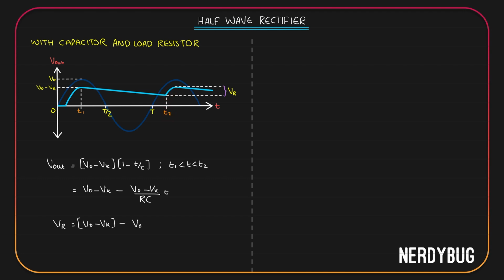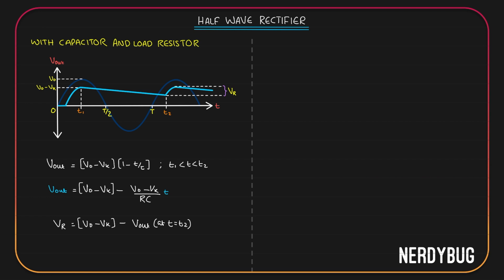So I'm going to write V out at t equals T2. Over here, we already have V output as a function of time. V output is V0 minus Vk minus (V0 minus Vk) by RC multiplied by t. Now, to get the output voltage at t equal to T2, I should simply replace t by T2, right?